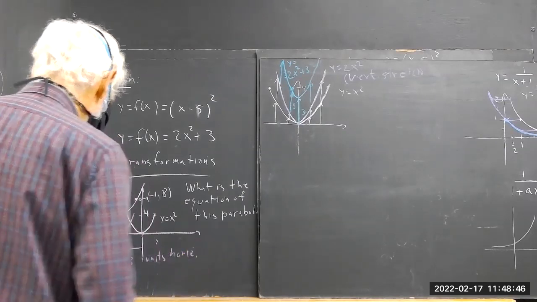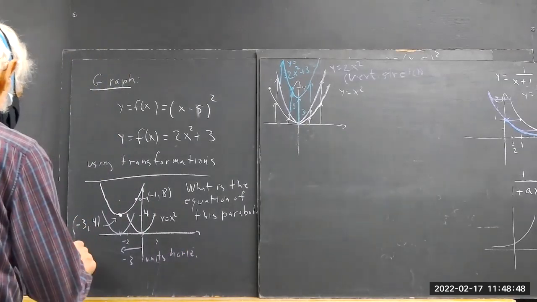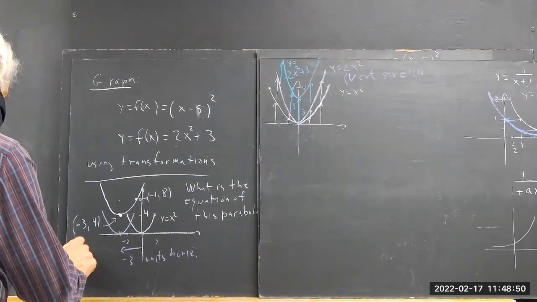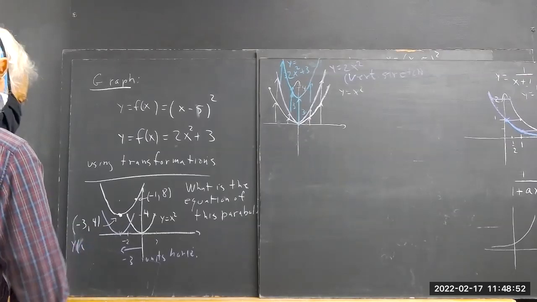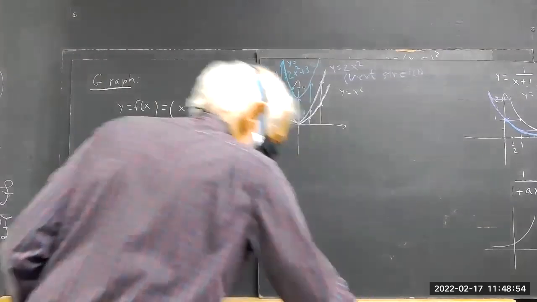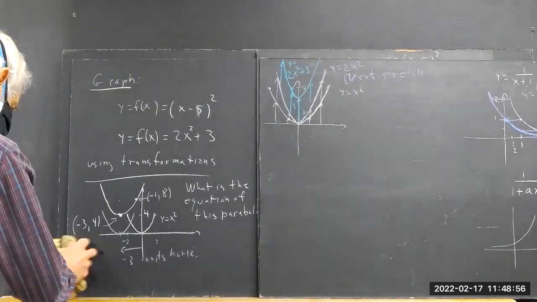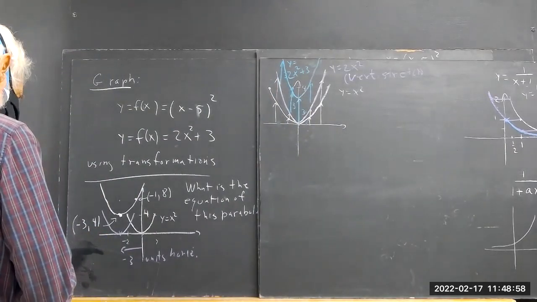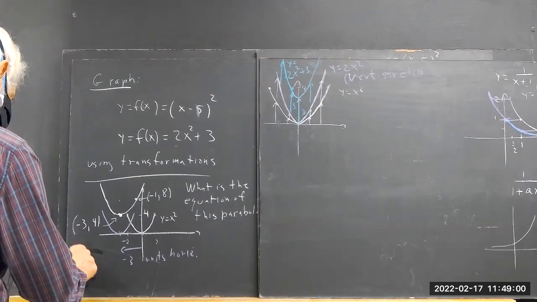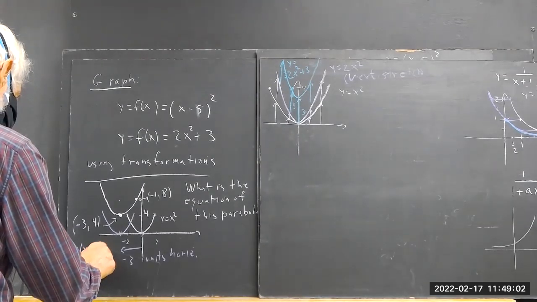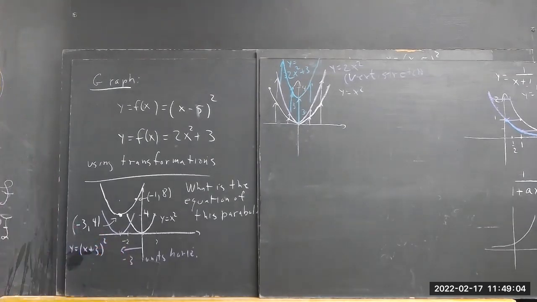And by the rule, at this point, this is a graph of y equals x plus 3 quantity squared.